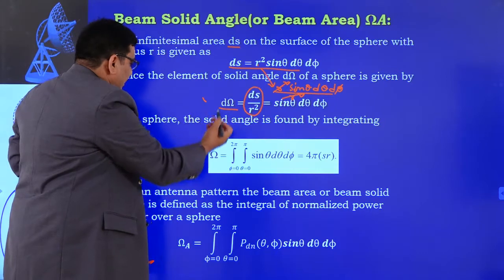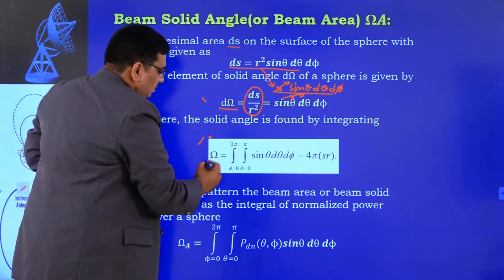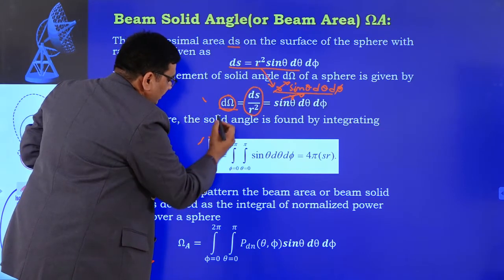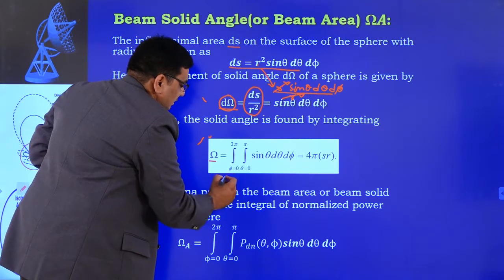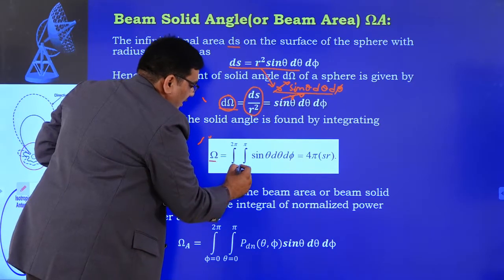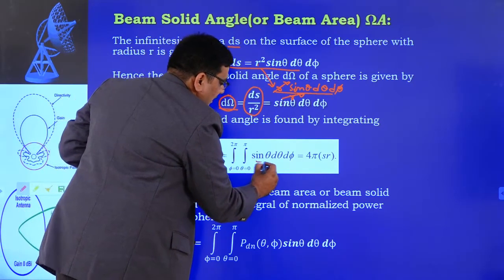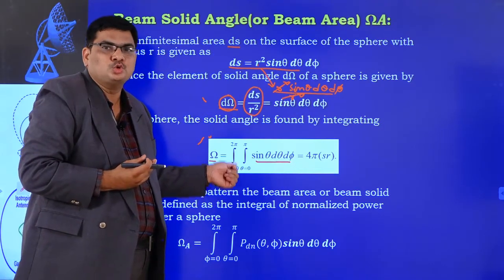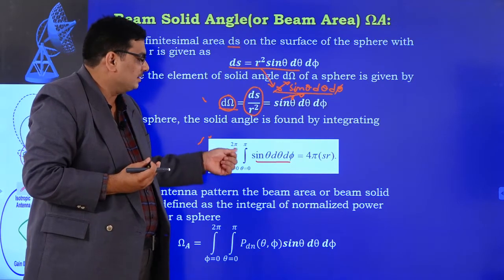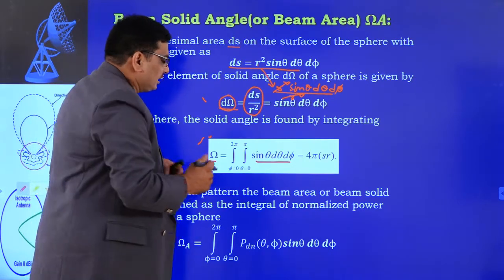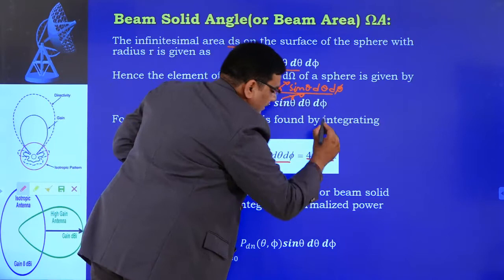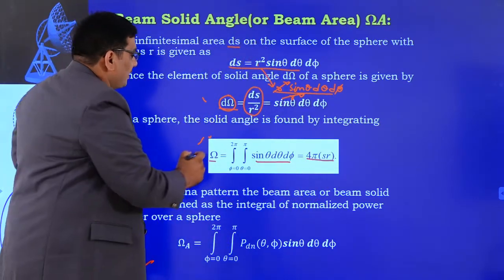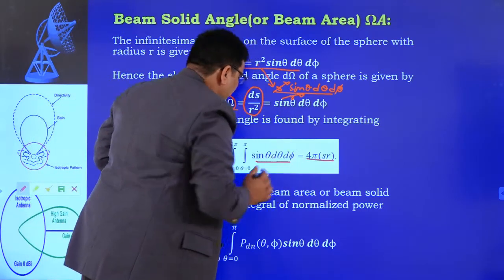After integration, the solid angle psi is equal to the double integration over 4 pi of sin theta d theta d phi, or we can say the integration of phi from 0 to 2 pi and theta from 0 to pi of sin theta d theta d phi, that is equal to 4 pi steradian. So this is for a sphere, whose solid angle is equal to 4 pi steradian.